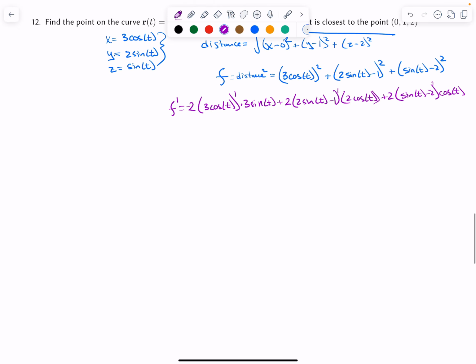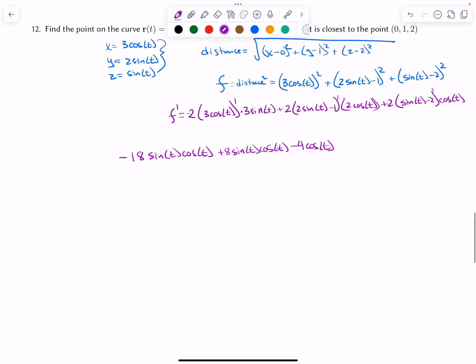I didn't do this ahead of time. 18 sine cosine. That's the first bit. Okay, this is going to be plus 8 sine cosine minus 4 cosine. That's the second bit.